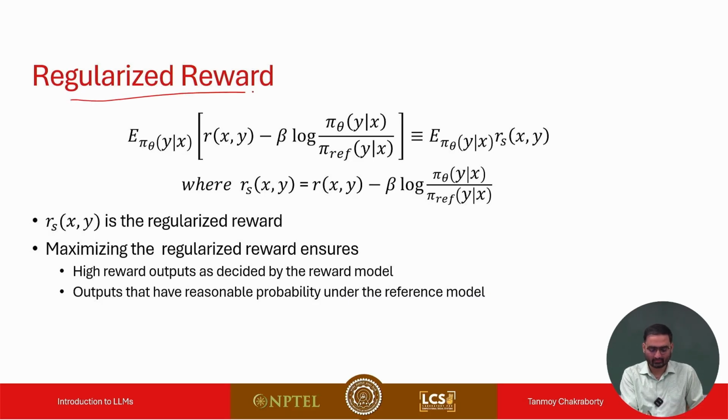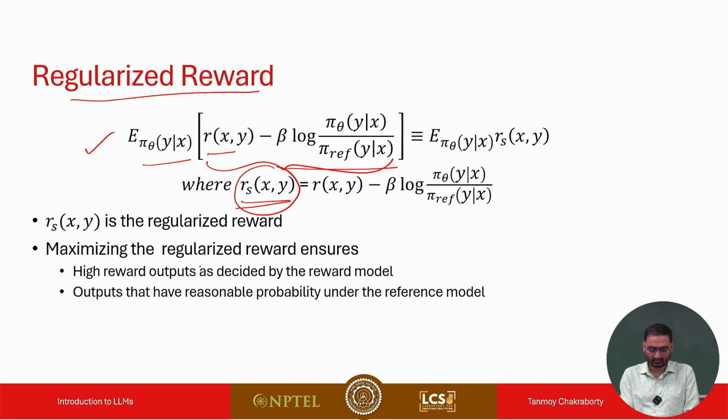So our regularized reward looks like this. This is our reward, this is the KL divergence, and this is the expectation, right? Let us denote this term by R sub xy. So essentially you are maximizing this R sub xy.